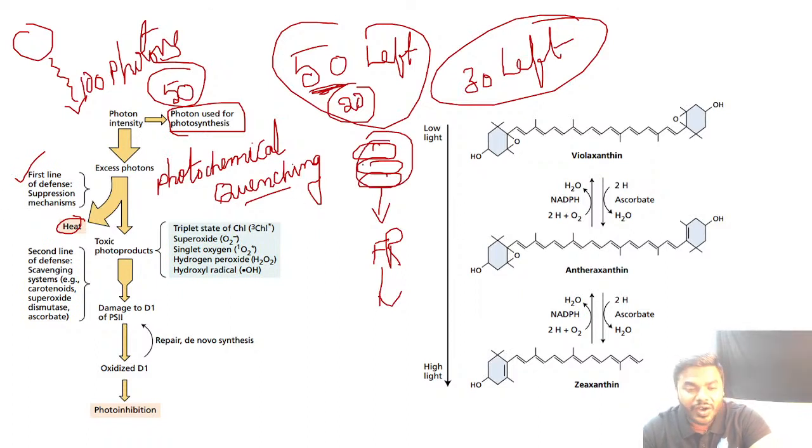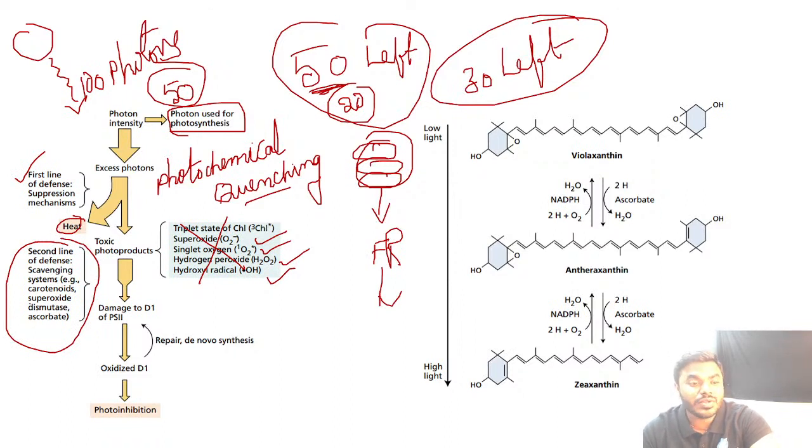Now you know, friends, what the 30 photons will do? They will form the triplet. Now what is the triplet going to do? The triplet activates what, friends? Several free radicals. All of you pay attention. What are the particular free radicals? Superoxide, singlet oxygen, hydrogen peroxide, hydroxyl radical. Now if we don't inhibit all these free radicals, they will immediately block photosynthesis. Immediately which defense mechanism will be active now? The second line defense mechanism will be active.